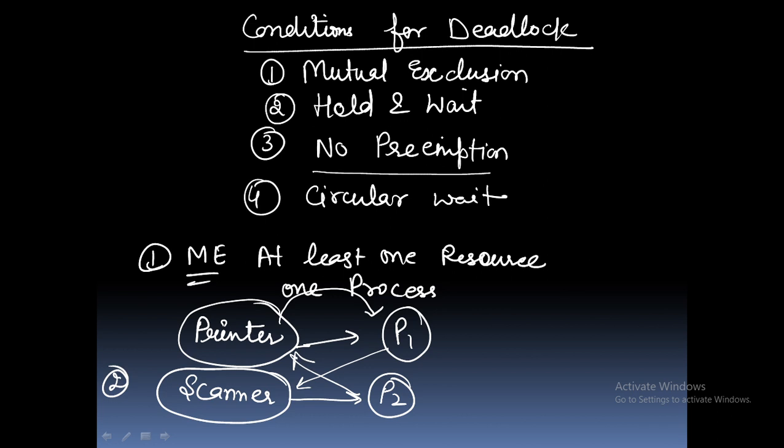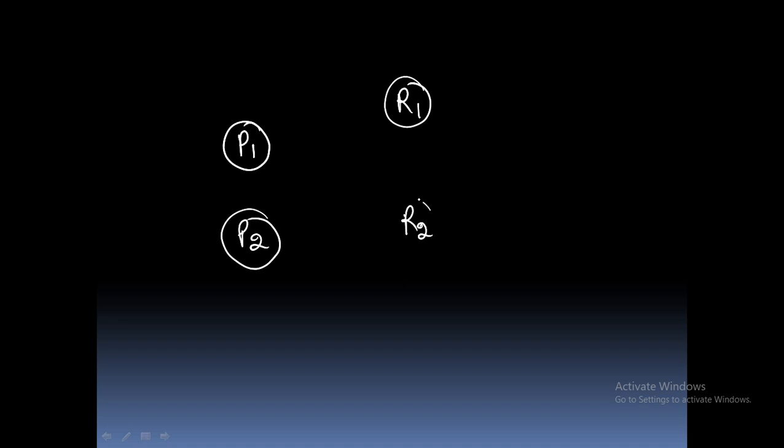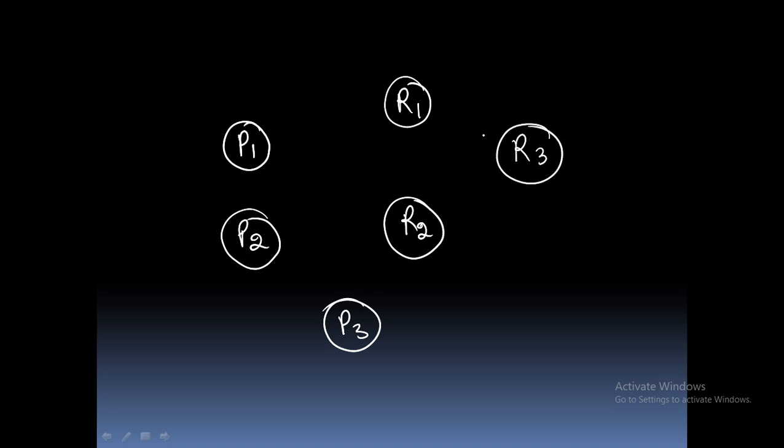For example, here we have P1, here P2, resource 1, resource 2, and here P3, here resource 3.